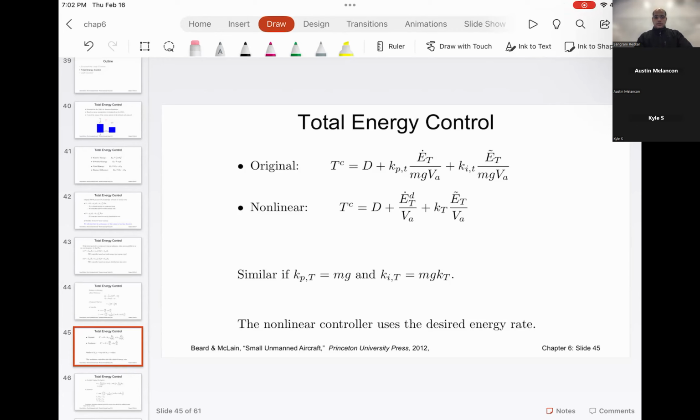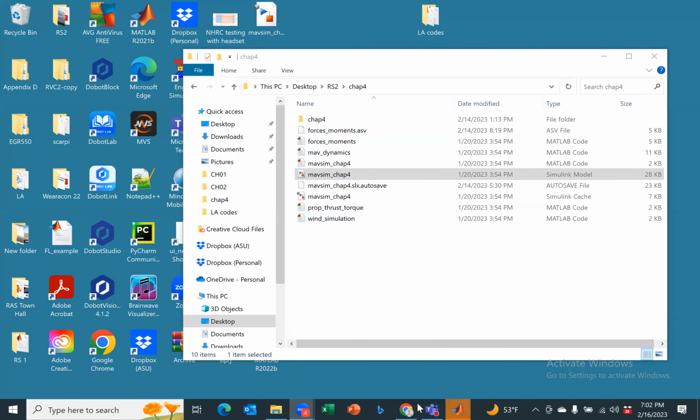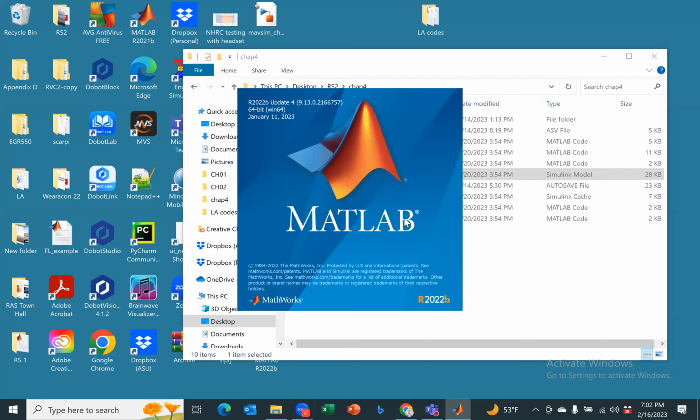I just want to show this to you so that if you have your Simulink model, you can quickly check that.